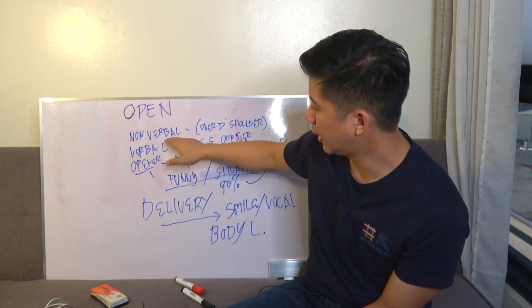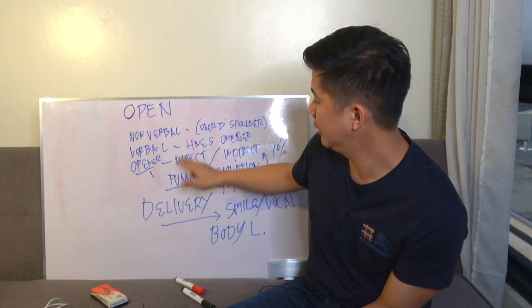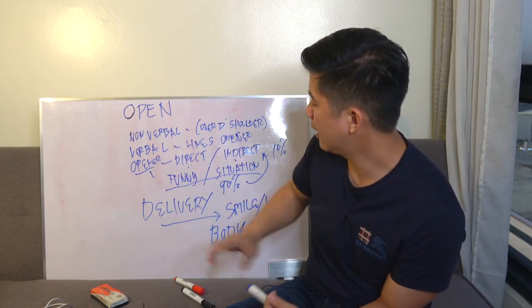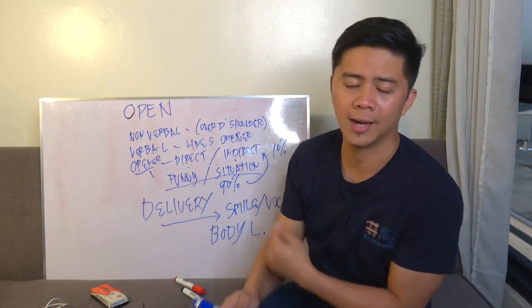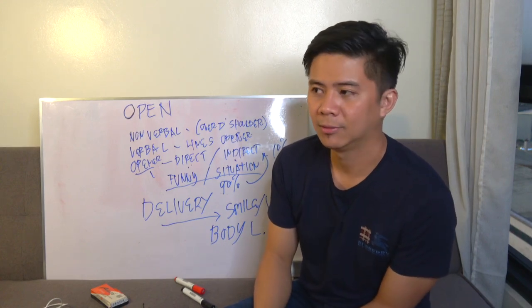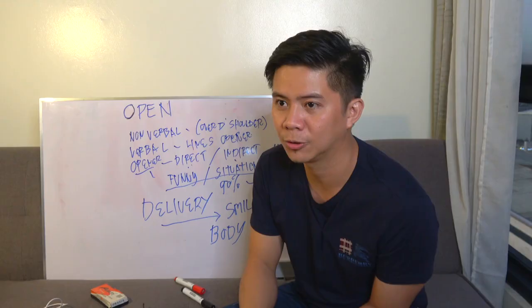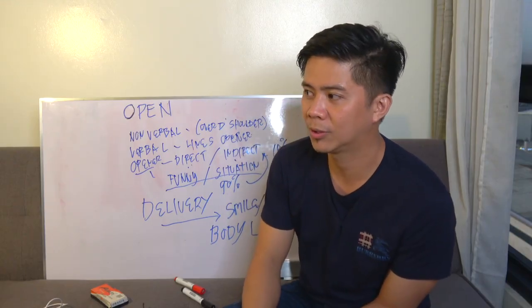So I focus on non-verbal, which is the delivery or over the shoulder, especially in approach. Verbal is the line, what kind of lines I'm gonna use. Most of the time, ito yung lagi nating nagpo-focus. What's your opener? What's your pickup line?